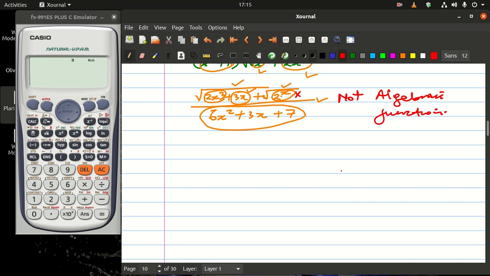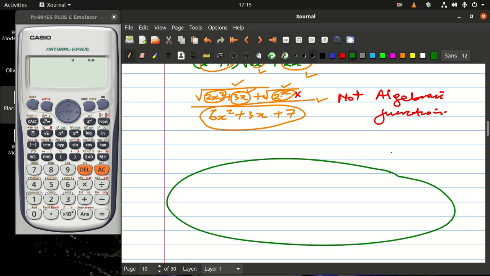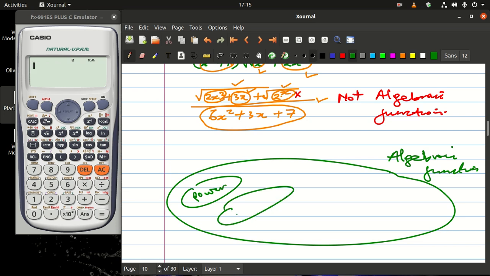So now that we have algebraic functions, power functions are inside, polynomials are inside, rational functions are inside, root functions are inside here.